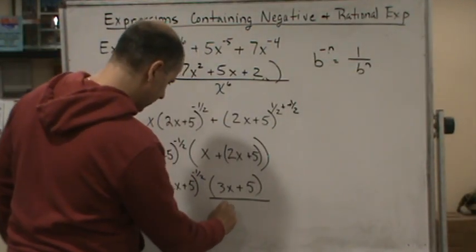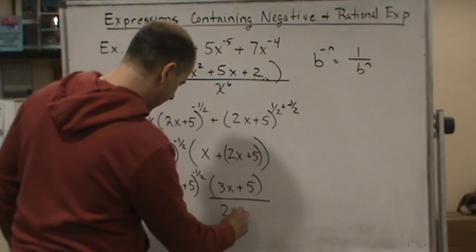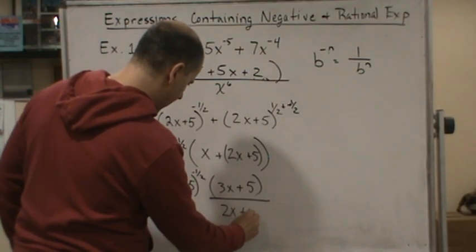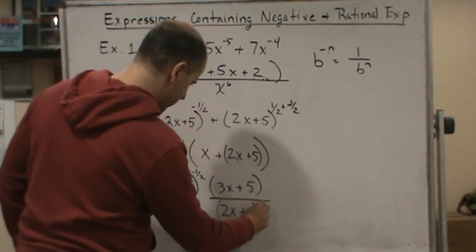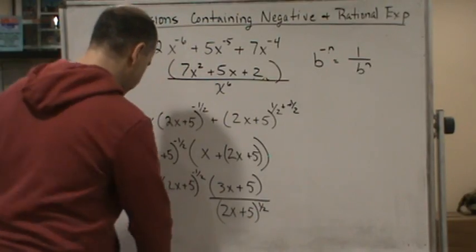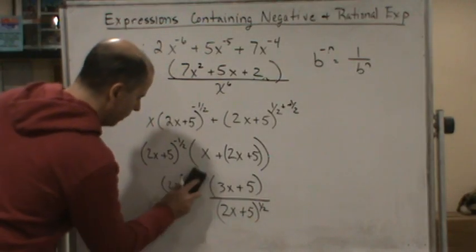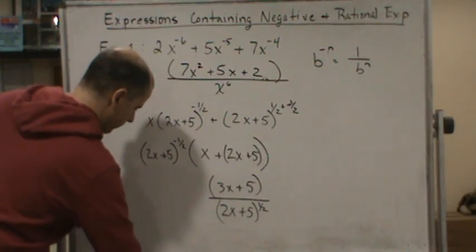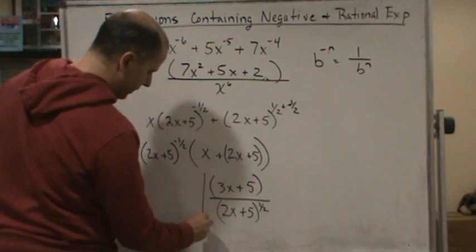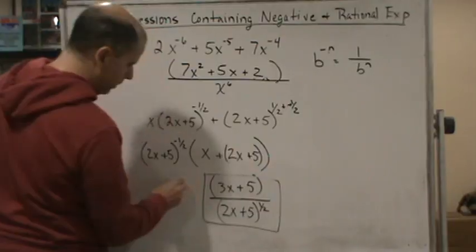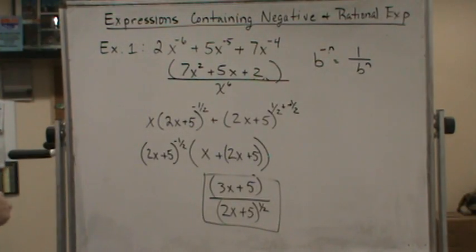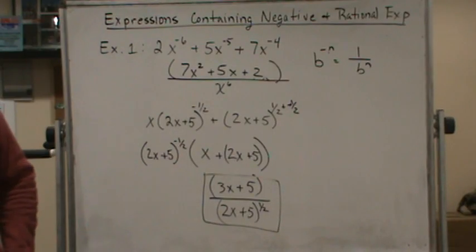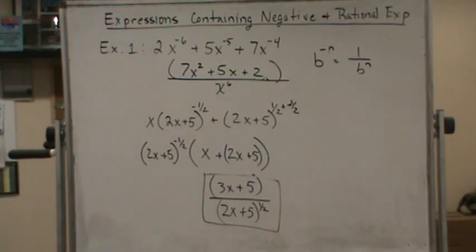So I'm going to write it in the denominator as 2x plus 5 raised to the positive 1/2 power. And so my final answer becomes that. All right. So that's how you deal with negative and rational exponents when you're factoring.